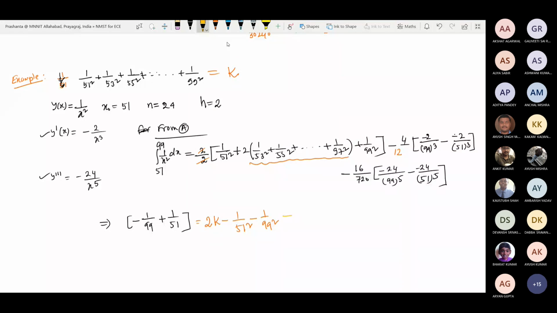So it is coming minus 2. I can take common, minus minus plus. So it will be 2 by 3 times 1 by 99 square minus 1 by 51 square.